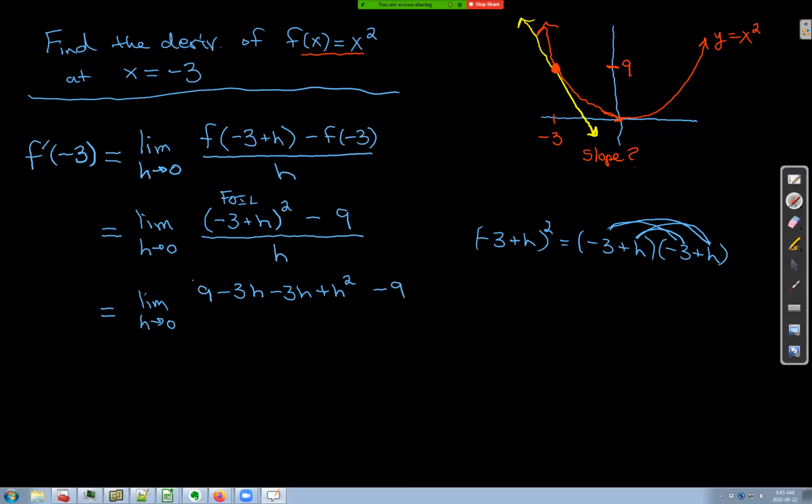So actually, maybe I'll put this in parentheses for emphasis. Again, the parentheses I just put there are not strictly necessary because nothing is being multiplied or raised to a power, all the terms here are just being added or subtracted. So you don't really need these parentheses, but I kind of like them because it makes it clear to me that this turned into this.